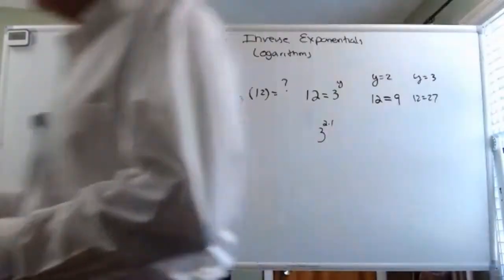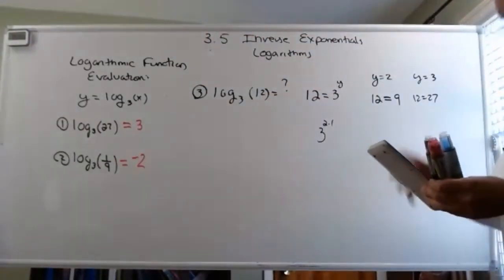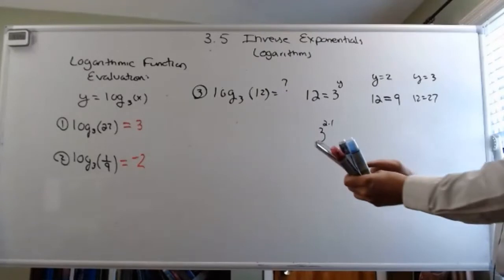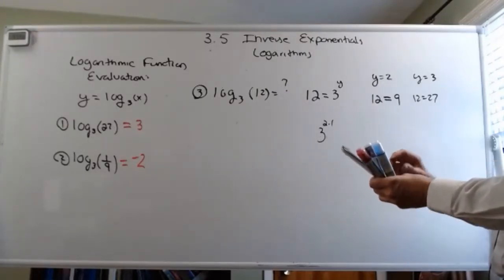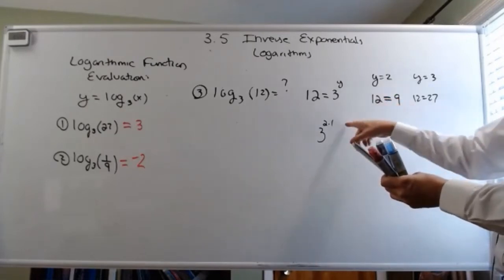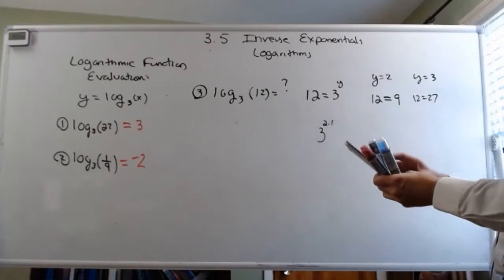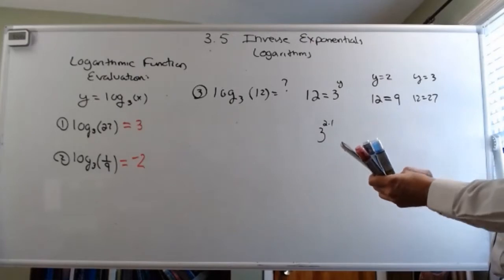I could go plug that into my calculator and see what I get. We're not going to be doing this, obviously, but 3 raised to the 2.1 power gives you 10.04. That's not quite close. Let's do 2.2. So 3 raised to the 2.2 power, I get 11.2.